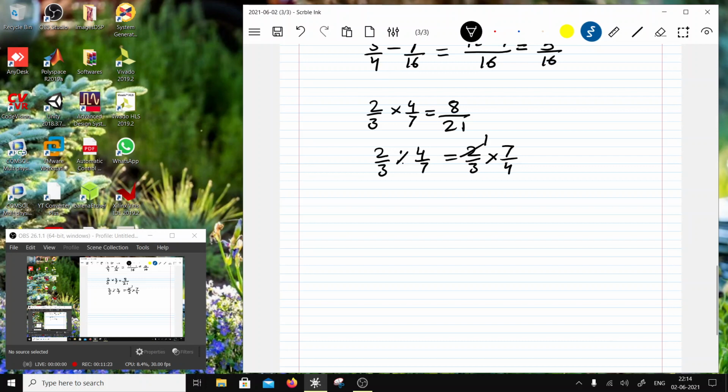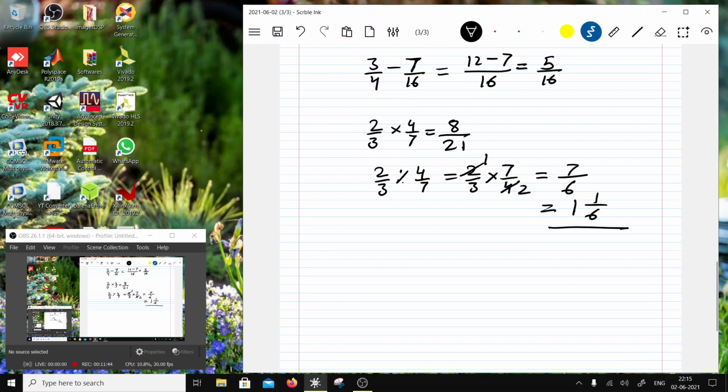Now in this case 2 is common here, so the answer is 7 by 6. Correct? Right. So the answer is 7 by 6. Now this can also be represented as 1 and 1 by 6. So that's the answer, right?